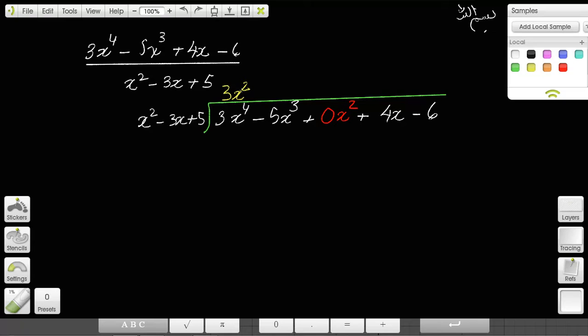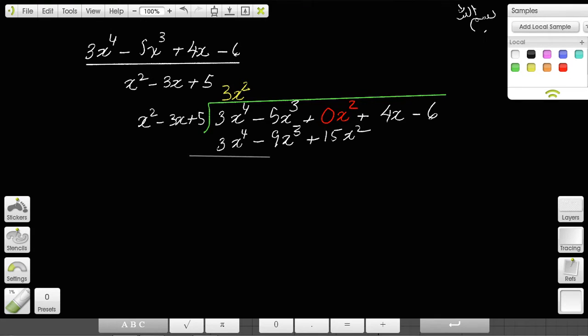Now you take this and you multiply it to all 3 terms over here, and then you put the result over there. So when you multiply 3x squared and this polynomial here, you get 3x to the fourth, minus 9x cubed, plus 15x squared.